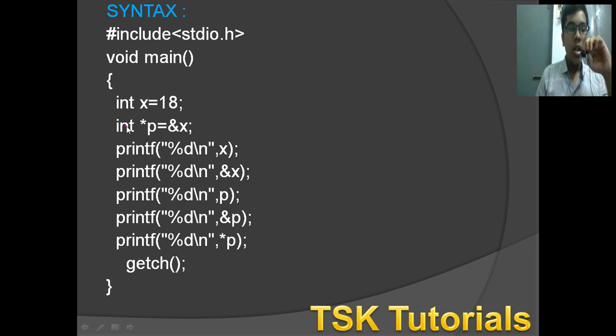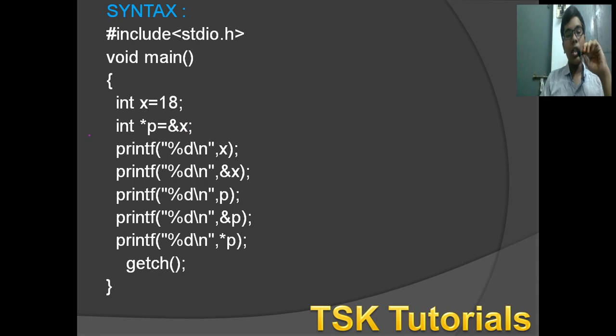Now let me explain how this int has occurred here. As I have told you earlier, & is used to get the address of the variable, and * is used to get the value stored there. Now &x means the address of the variable x.